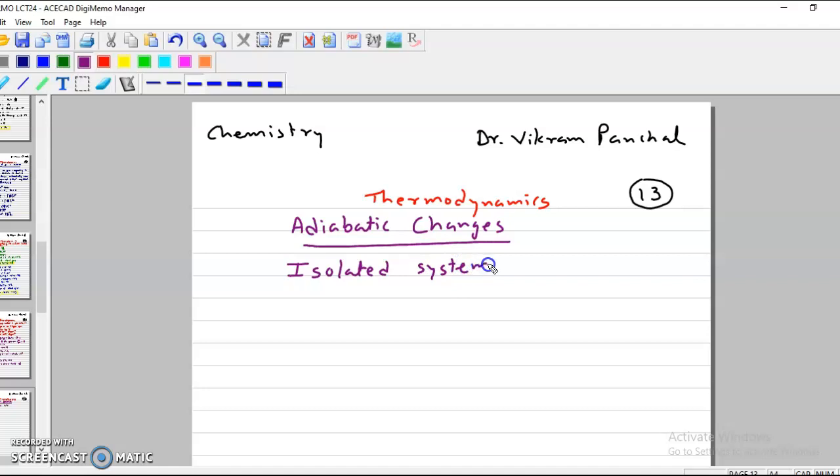And when it is in isolated system, there is no change in heat. There is no exchange of heat, in fact. And therefore, dq will be 0. Change in heat will be 0.